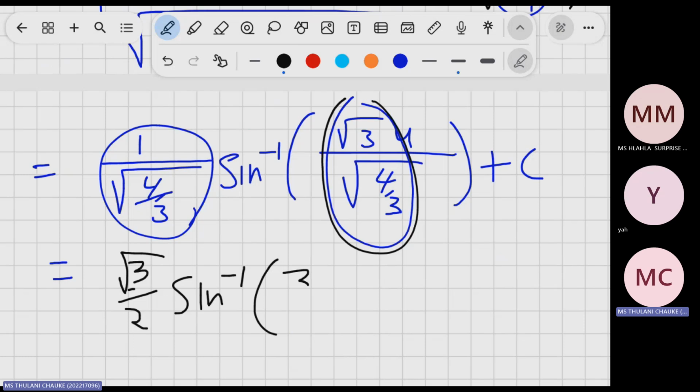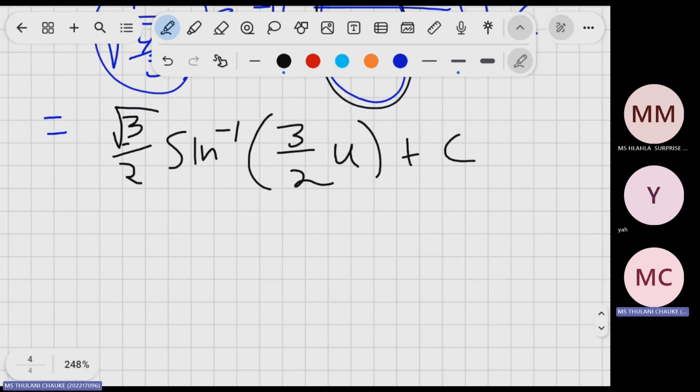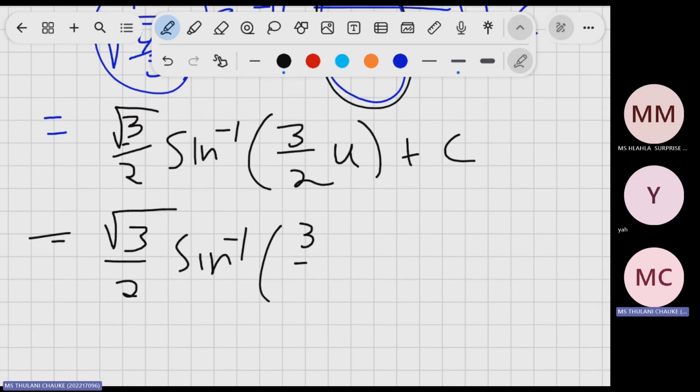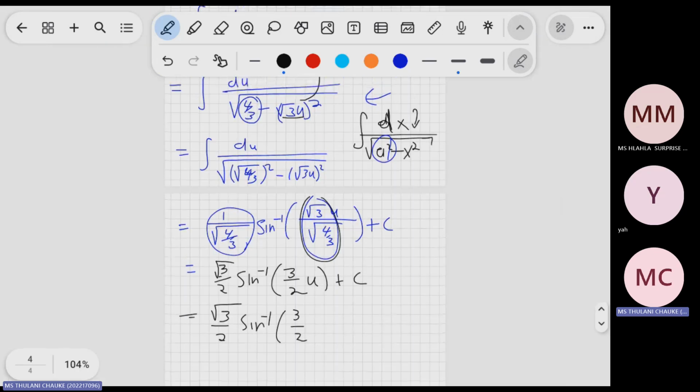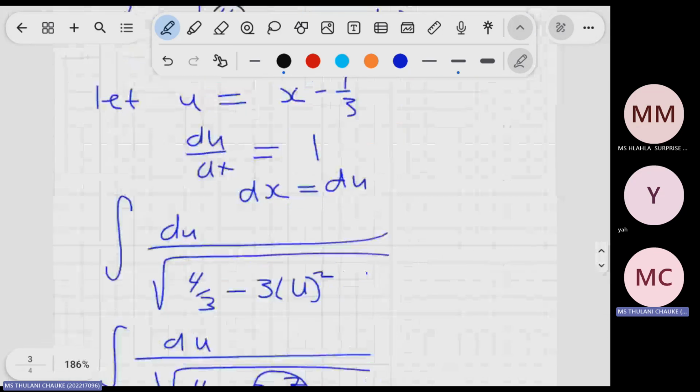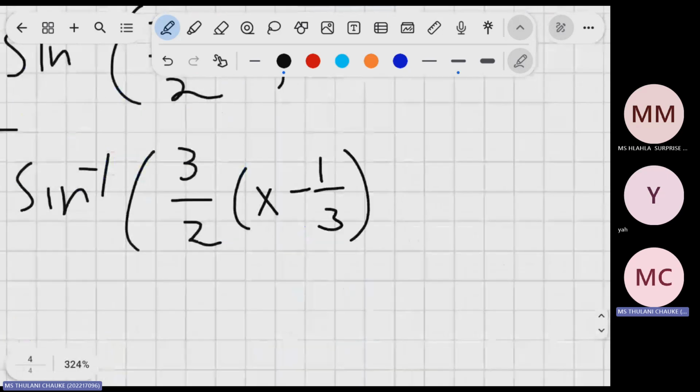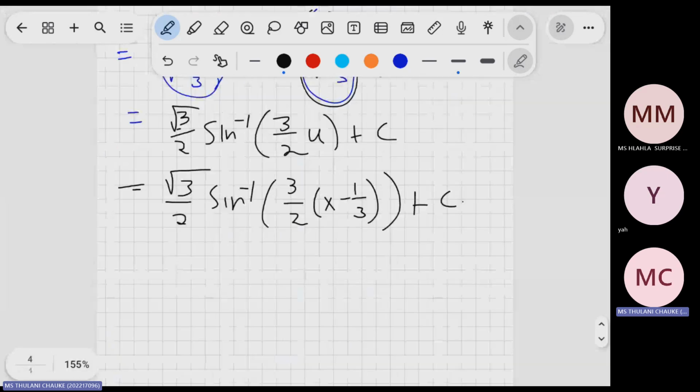It will give us 3/2 u plus c. So this is our answer. We'll just have to replace where there is u, you replace with the value of u, it's x minus 1/3. It will be x minus 1/3 plus c.